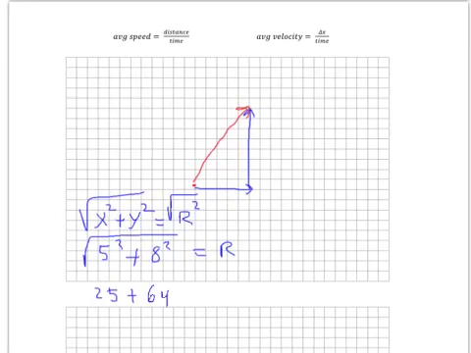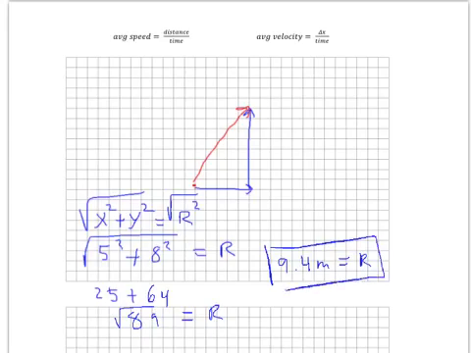Add those together, and what you get is 89. So the square root of 89 equals r, and it turns out the square root of 89 is 9.4 meters, equals the resultant's magnitude. So there's my answer right there.